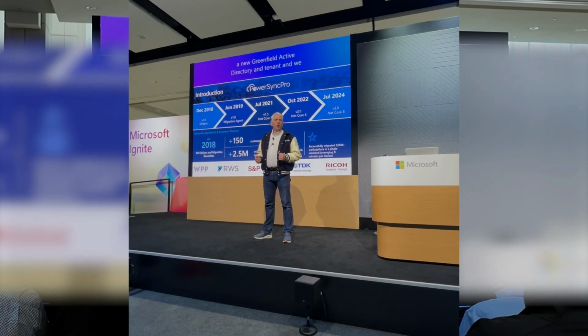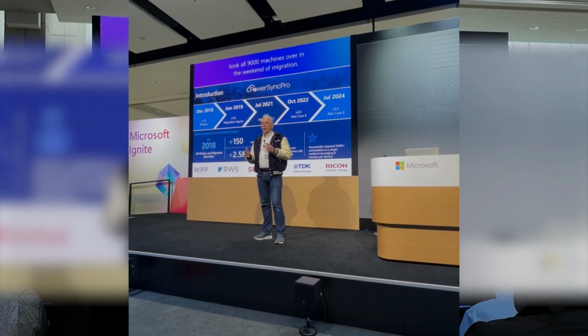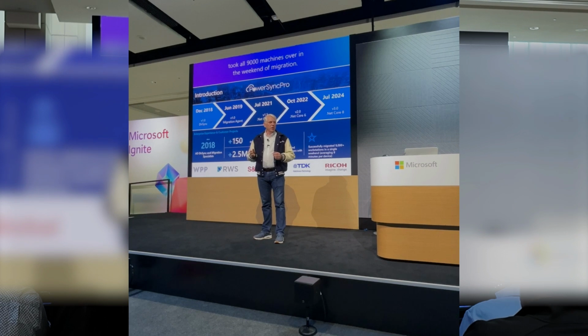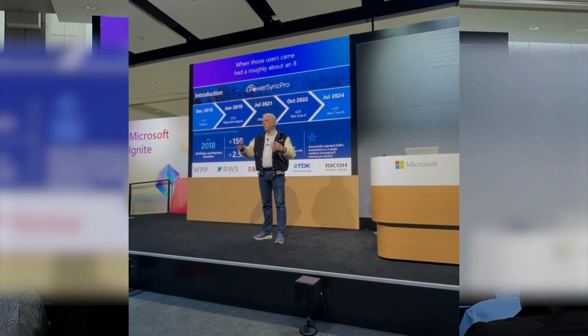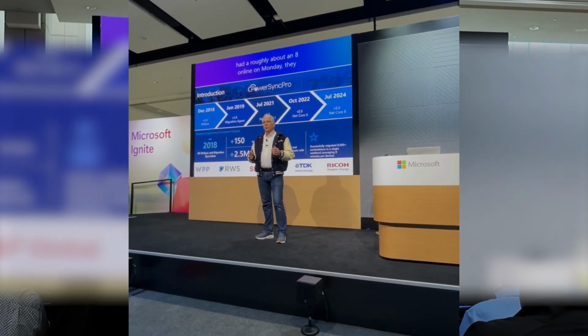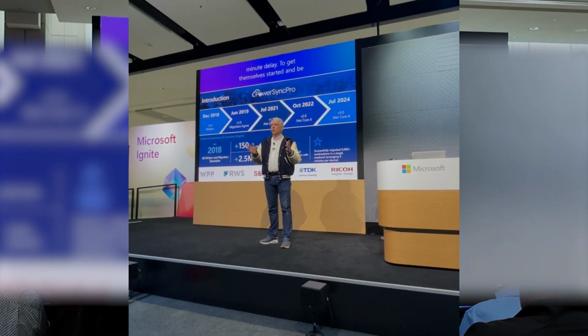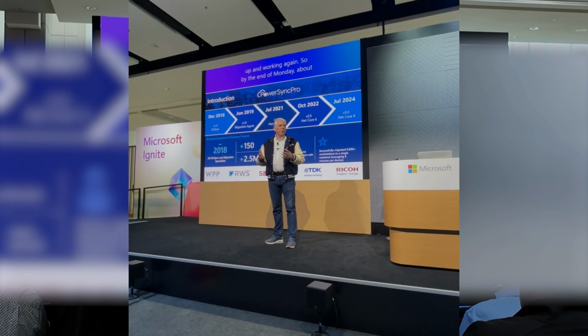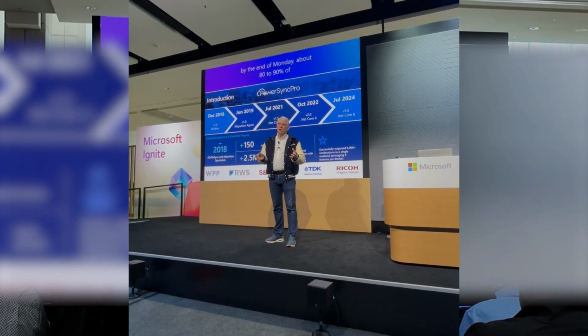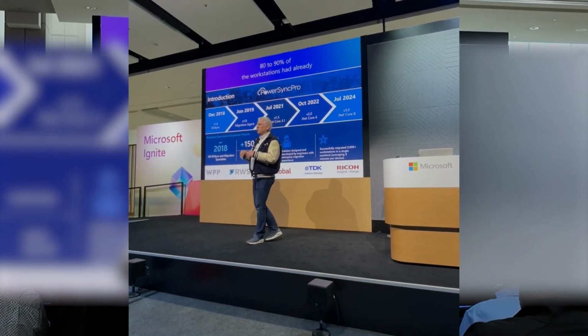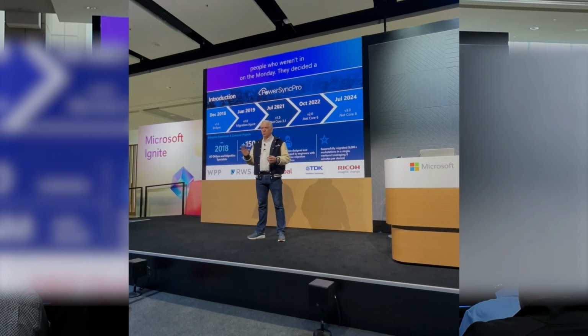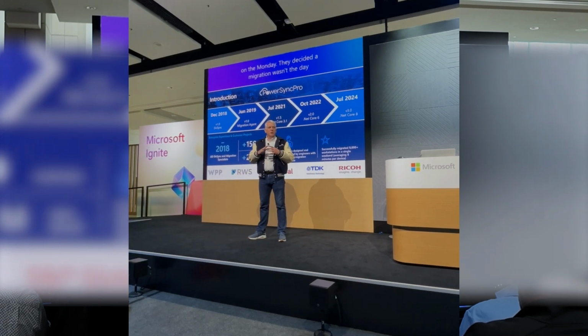When those users came online on Monday, they had a roughly about an 8-minute delay to get themselves started and be up and working again. So by the end of Monday, about 80 to 90% of the workstations had already migrated. The remainder were people who weren't in on the Monday. They decided a migration wasn't the day that they wanted to start working. They would wait until support died down. But actually that surge didn't happen.